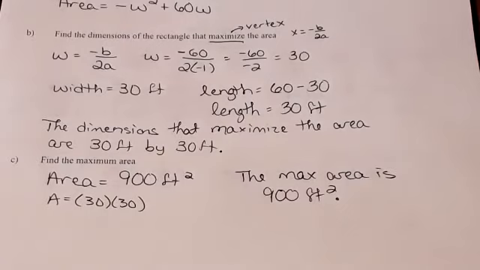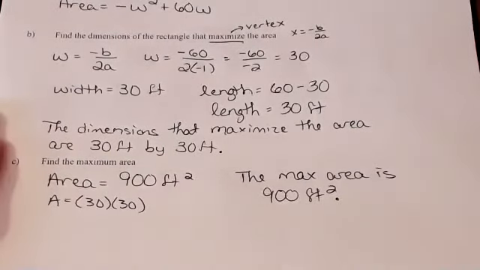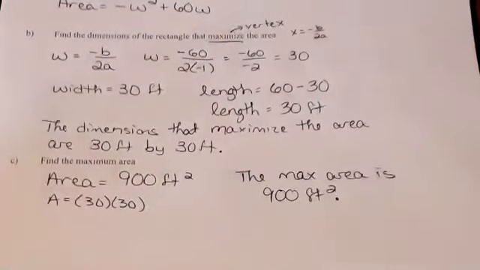I think the biggest thing, and I'm going to say it again, is that relationship from the very beginning. If you didn't notice that 120 feet was referring to the perimeter, then there was no way to start this problem. You needed to recognize that it referred to the perimeter, which gave you your initial equation, 2L plus 2W equals 120.